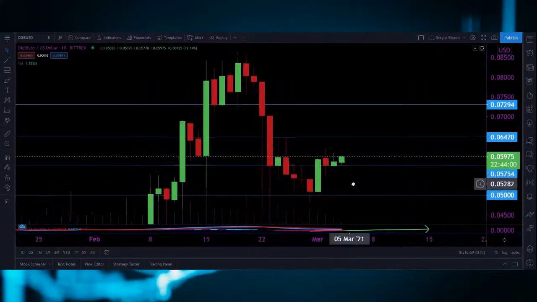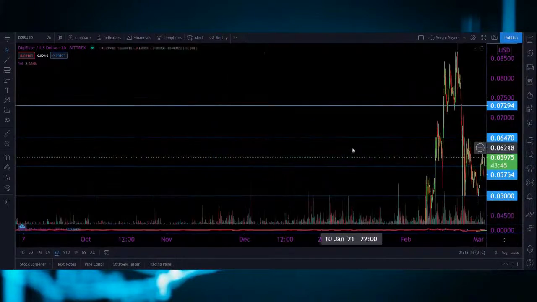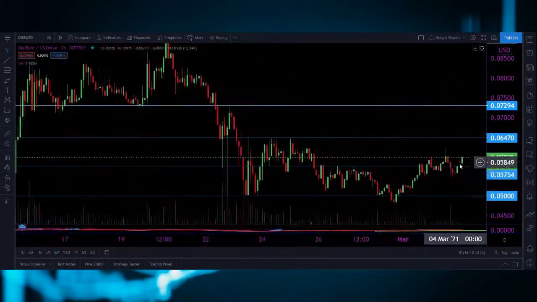On the daily, we just need to be up here. We're right there. So let's see if tonight, tomorrow, the next day we get above here. But on the 2 hour chart, we're not quite there.